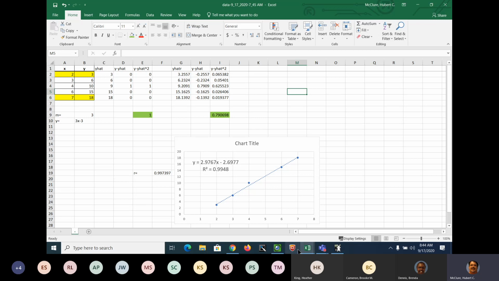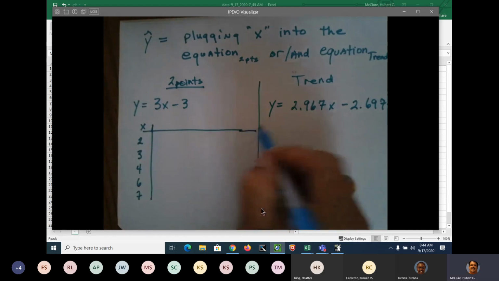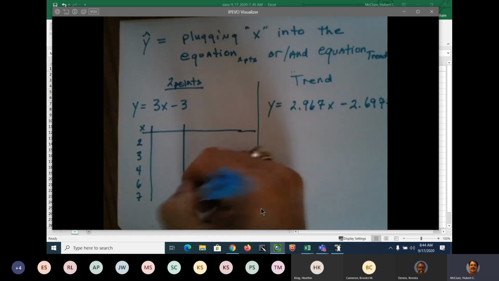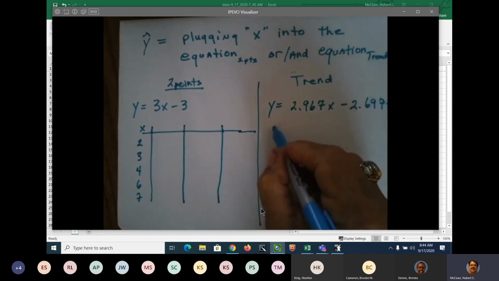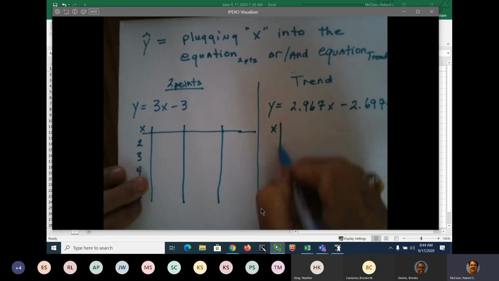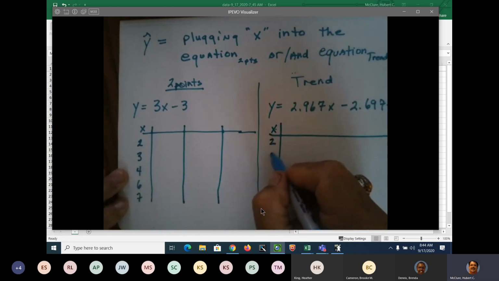So this is what we're doing. I want you to put this in your notes and make it long enough that you have 2 or 3 columns over here. And over here, same thing: 2, 3, 4, 6, 7.